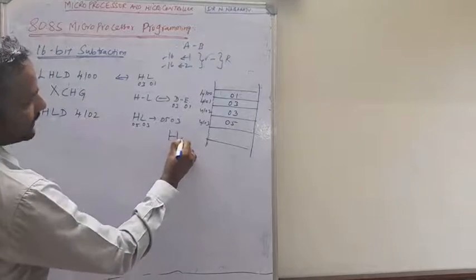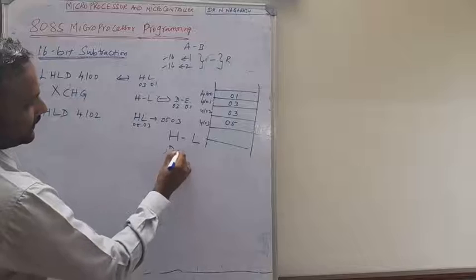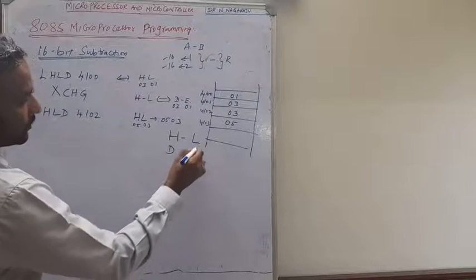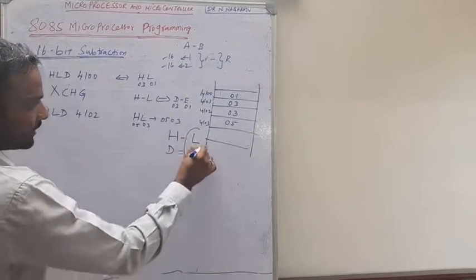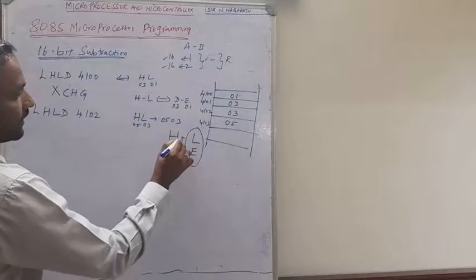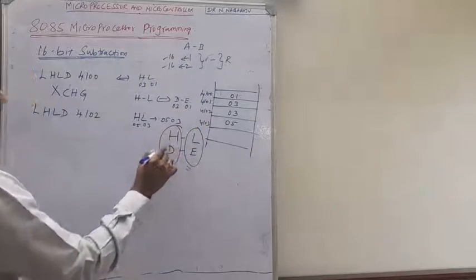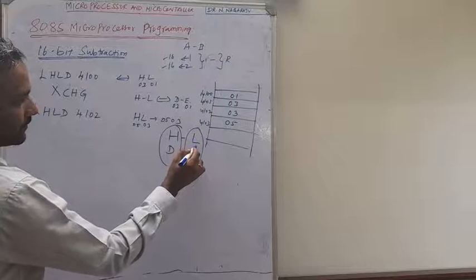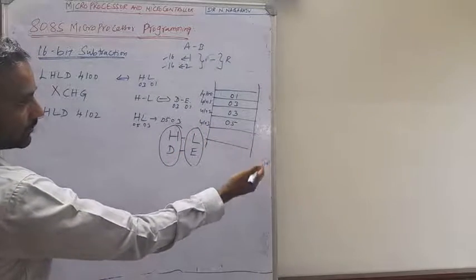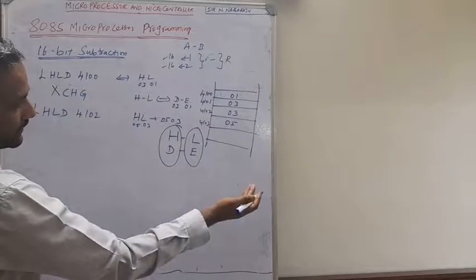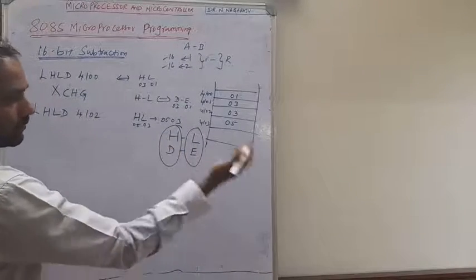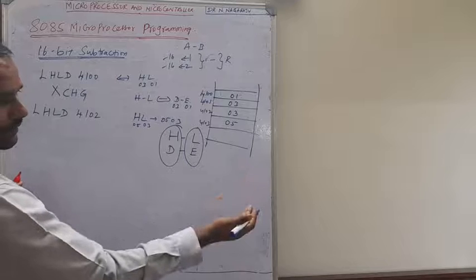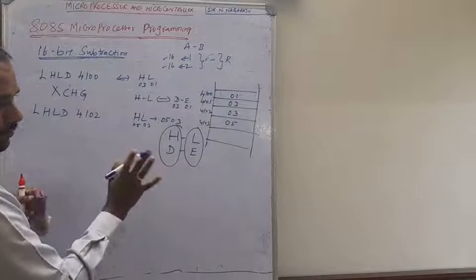HL data is there and DE data is there. We have to separately perform the subtraction for L and E and store the result in some memory location, and similarly for H and D, store the result in some memory location. This is the concept.